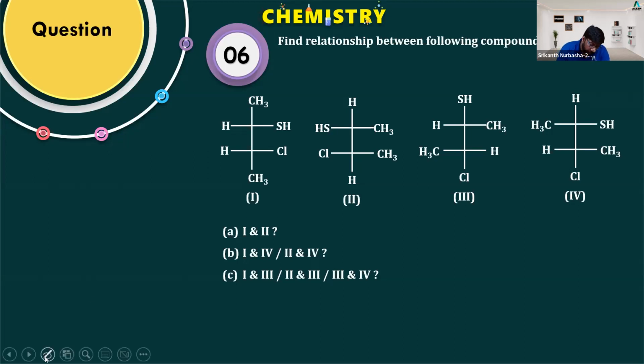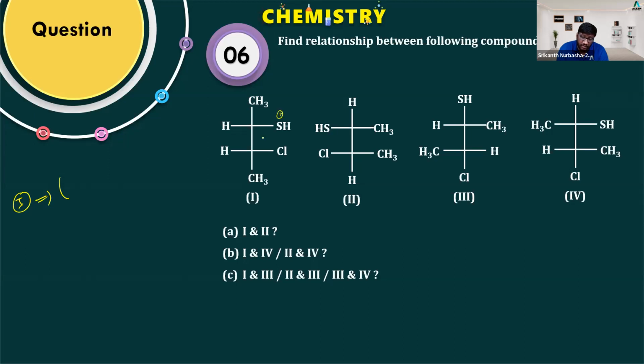First compound, what type of configuration are you getting? This is a carbon to which SH is connected. For this particular carbon, what is it, R or S? SH will have the highest priority, 1.